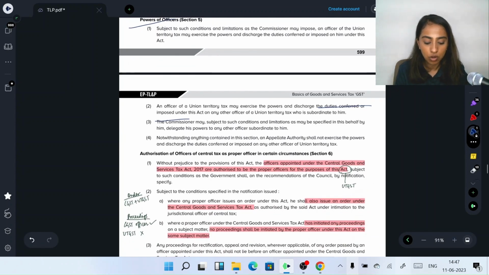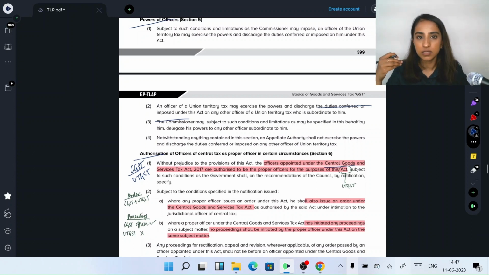Okay. What is the authorization of officers as of central tax as proper officer in certain circumstances? So they're saying whoever is the officer appointed under CGST will be authorized to act as officers under this act also, under UTGST also. So whoever is the CGST officer, the same officer can also act as the officer for UTGST also.